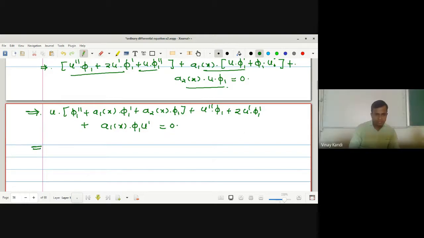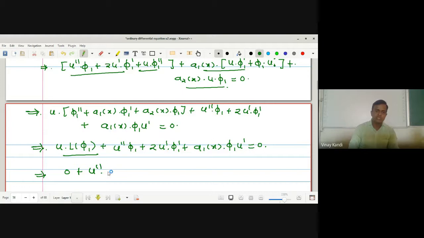It implies this is what? U into L of phi 1 plus u double dash phi 1 plus 2 into u dash into phi 1 dash plus a1 of x into phi 1 u dash, which is equal to 0. But L of phi 1 is what? What is the value of this one? It is 0. So 0 plus u double dash into phi 1 plus 2 u dash into phi 1 dash plus a1 of x into phi 1 into u dash, which is equal to 0.